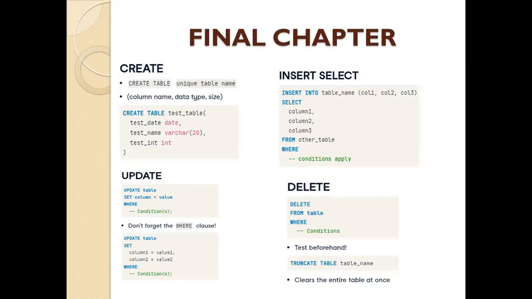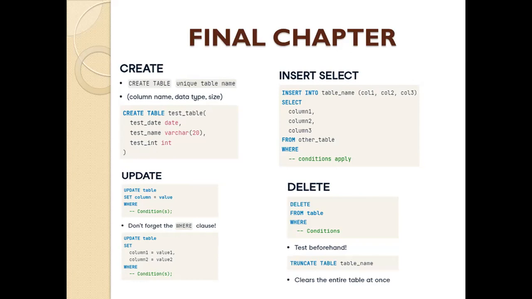In the final chapter, I studied the CRUD operators. In this chapter, I studied how I can create a table, how I can insert any specific information into my column, how I can update my column or my table, or how I can delete anything from my table, or I can delete my whole table as well.